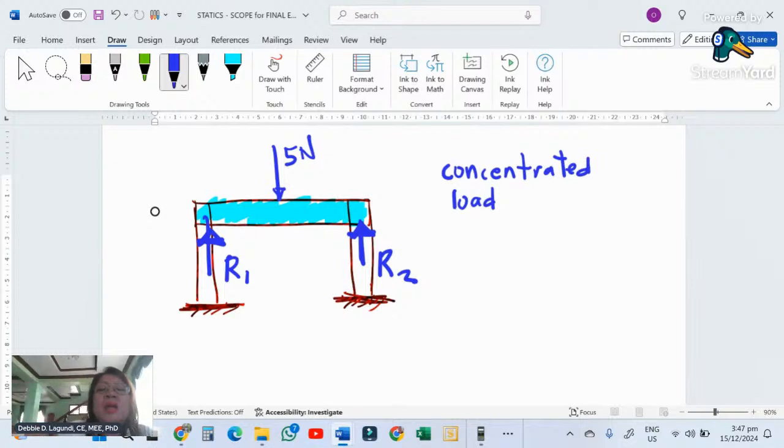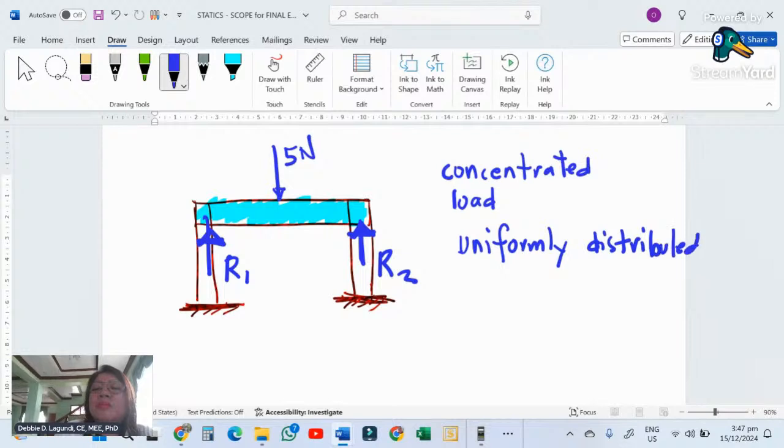Okay. We also have what we call uniformly distributed load. Distributed load.